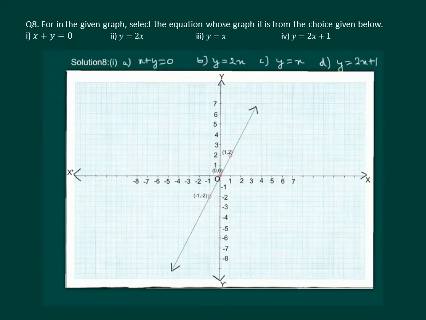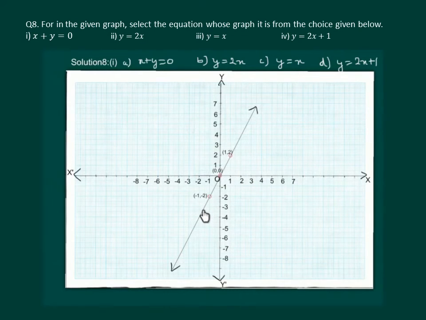To find it out, we observe that the given line passes through the points (1, 2), (0, 0) and (minus 1, minus 2). All these points should satisfy the equation of which this is a graph.